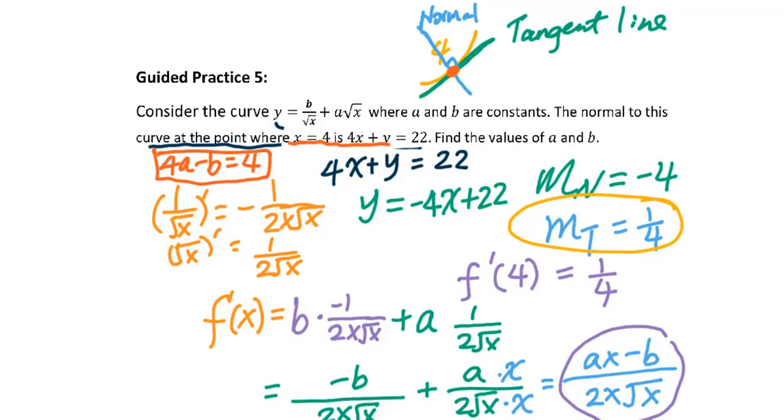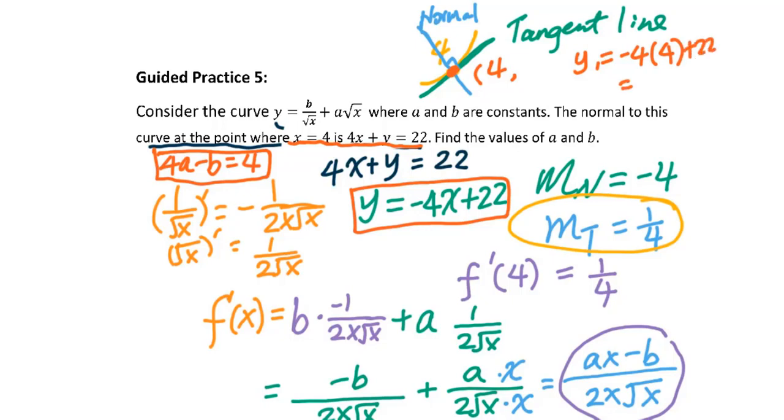We know x equals 4, so we can get the y coordinate. We plug into y equals negative 4x plus 22. For y1, let's work over here: negative 4 times 4 plus 22. You will get 6.